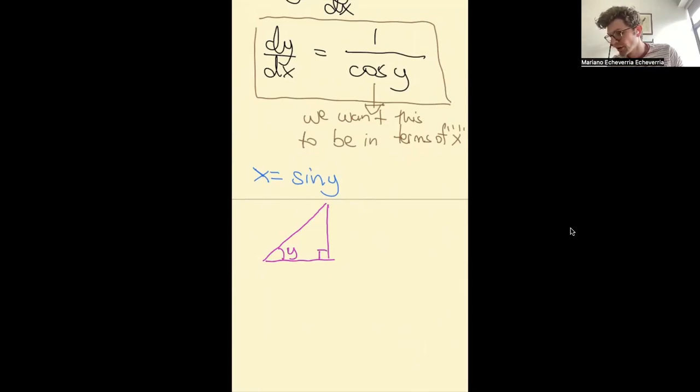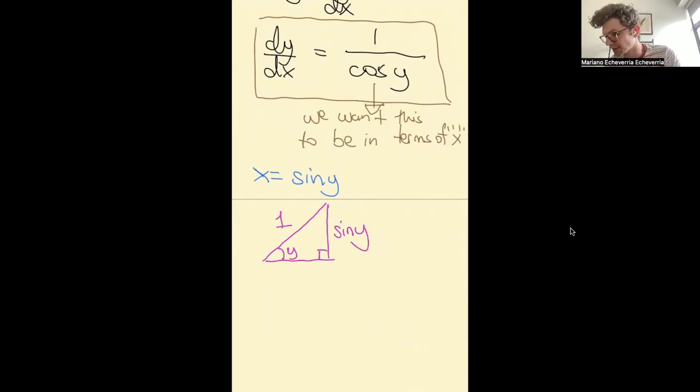If you remember the unit circle, if you draw a right triangle whose hypotenuse is 1, then secretly this triangle is being drawn on the unit circle. This side would be sine of y, because remember, the sine is opposite over hypotenuse.